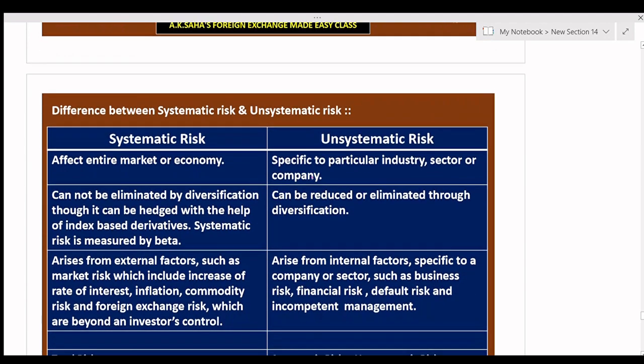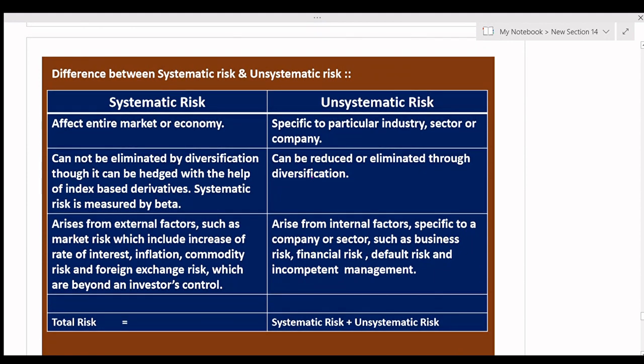Now come the differences between systematic risks and unsystematic risks. Now systematic risks affect the entire market or economy, and unsystematic risks are specific to a particular industry, sector or company.